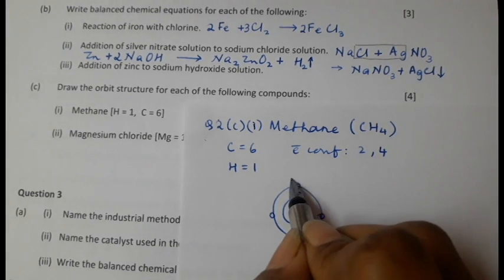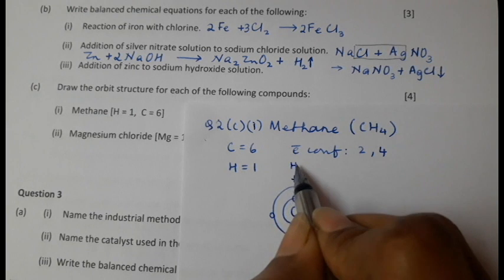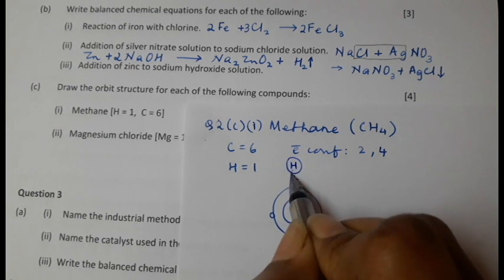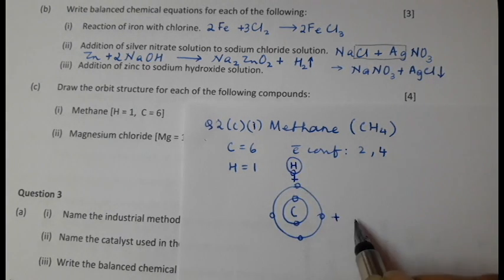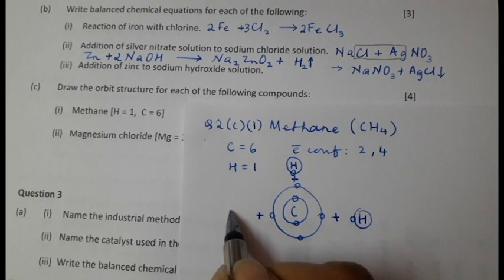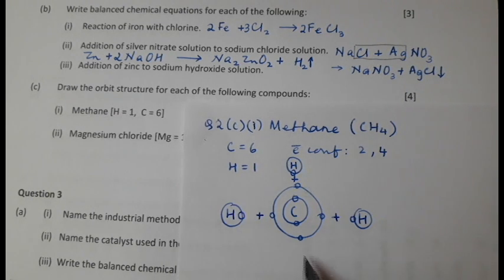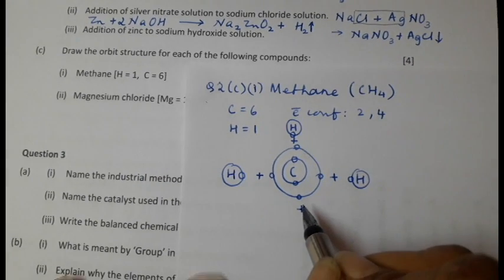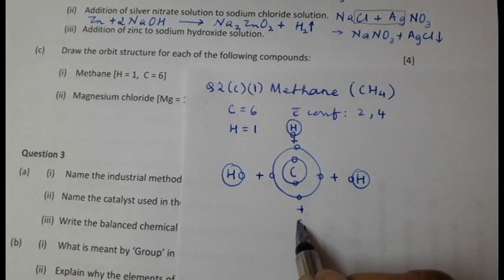Then you will have plus over here. Hydrogen will have 1 shell, plus 1 more hydrogen will have 1 electron, and plus 1 hydrogen here will have 1 electron, and plus 1 more hydrogen will have 1 more electron.